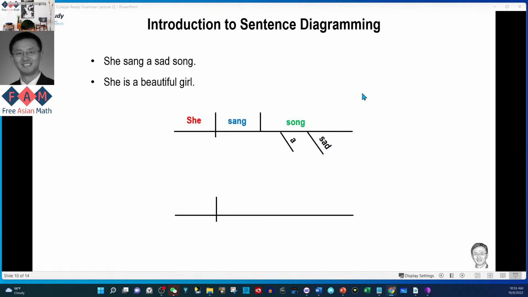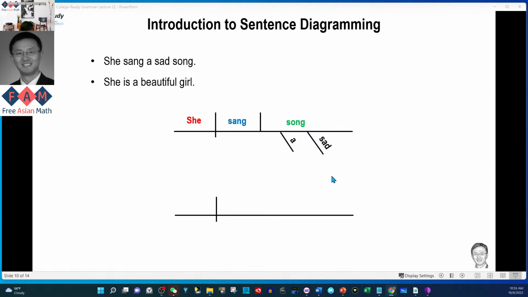We already saw from the first example that 'a' and 'beautiful' should both be modifiers of 'girl'. So essentially, the main thing of this sentence is just 'she is girl', right? If you understood the first sentence, you should see that in this case, 'a' and 'beautiful' should be diagrammed similar to 'a' and 'sad' to 'song'. So how do we diagram 'she is girl'?